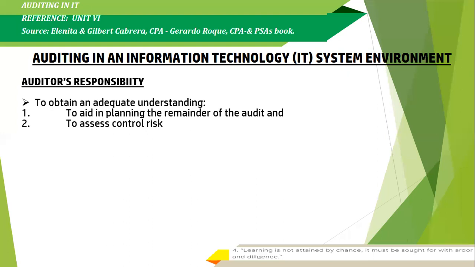Then after that, substantive testing, when we're done with our test of control, substantive testing, and then we have this, the complete the audit, and then after our final objectives, the audit reporting.